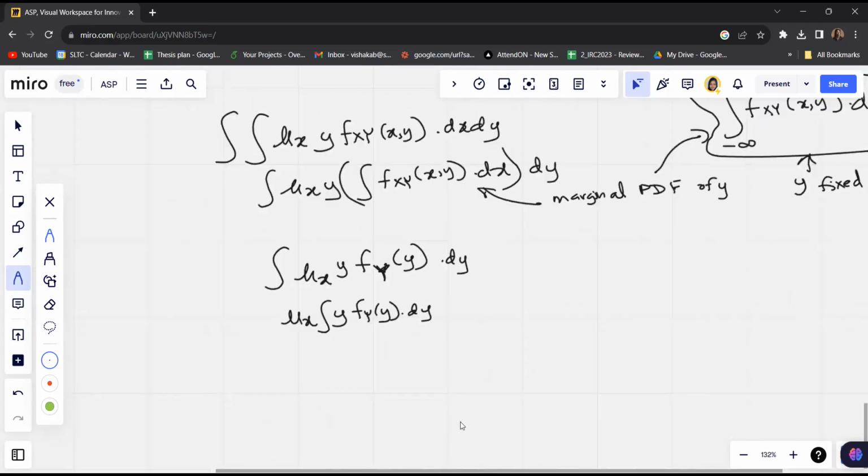So this expression is basically E[Y], right? I hope it is clear to you. The expectation operation of a certain random variable is the integration of the random variable multiplied by its PDF. So this is E[Y], and since mu x is E[X], we can denote this product as E[X]E[Y].